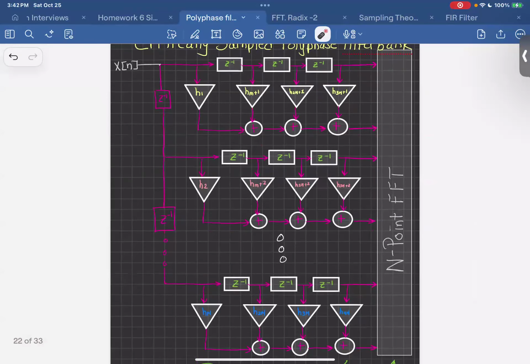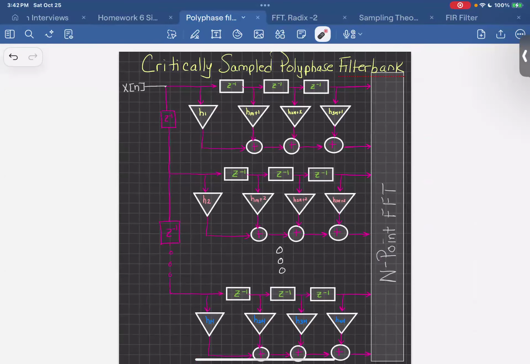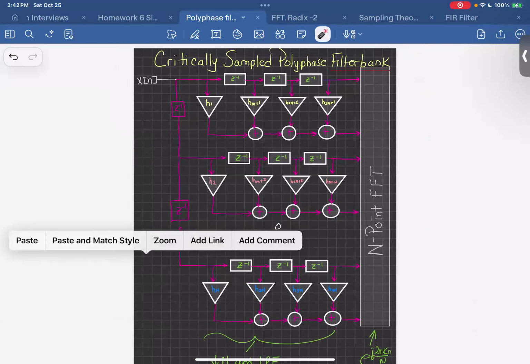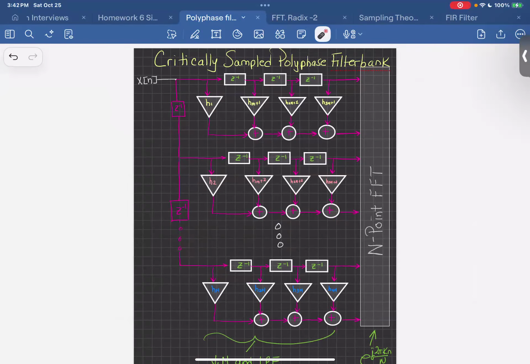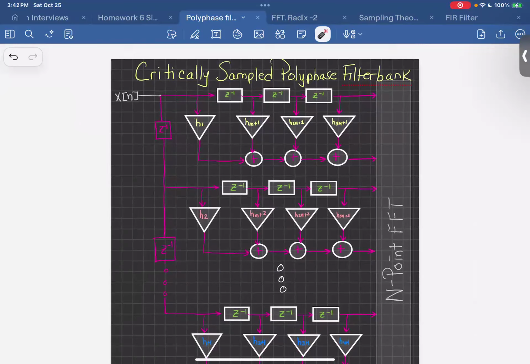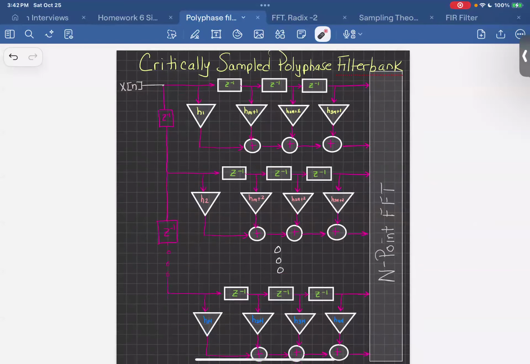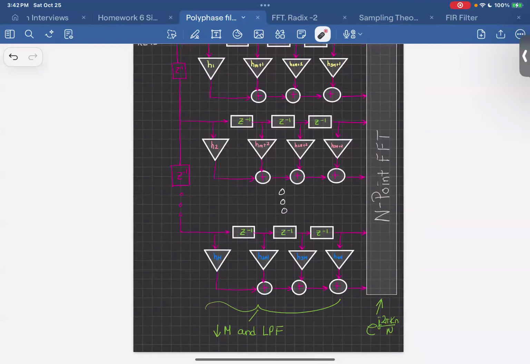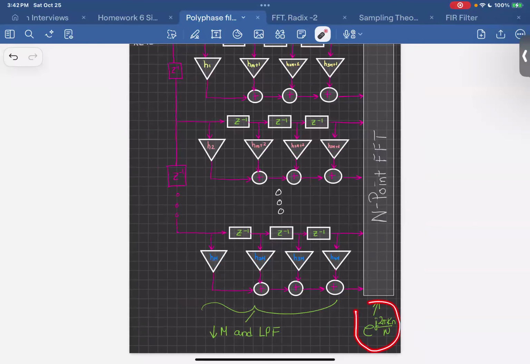Voila. That means that at the end, in order for you to get all your frequencies simultaneously, you will have latency, by the way. At the end of your polyphase filter structure here, you put an endpoint FFT, and this takes care of your complex multiplications, your E to the J 2 pi Km.